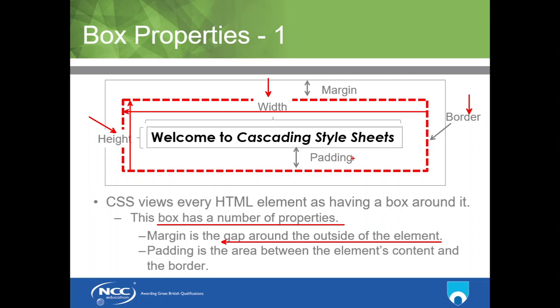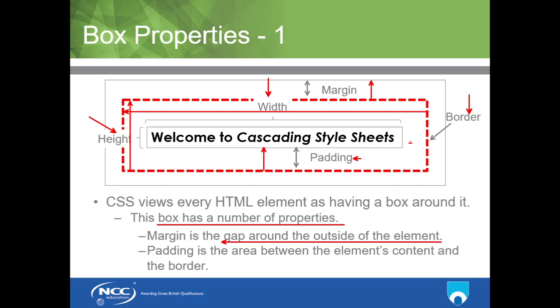Then another important one is the padding, this one. So here is the margin. So margin, space between the border and the next element, really. Then padding on the other hand is here, space between the content and the border.